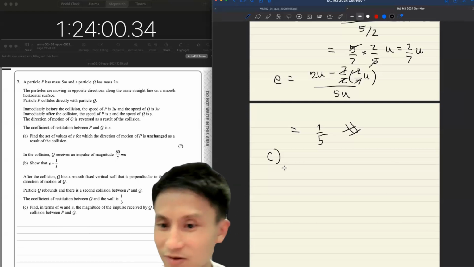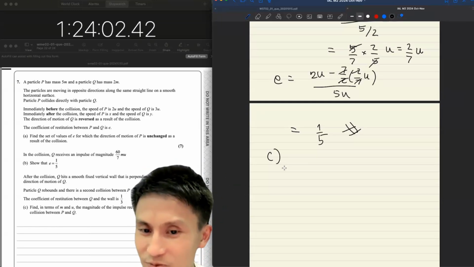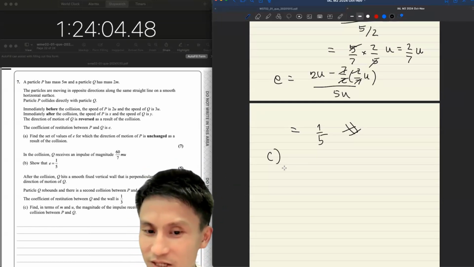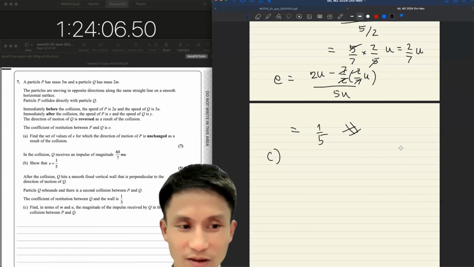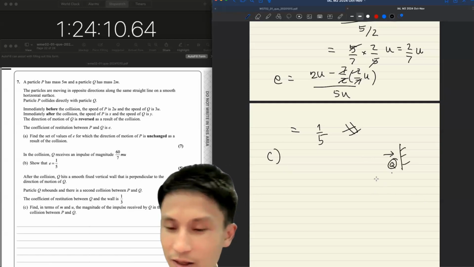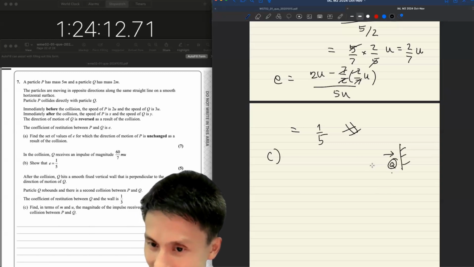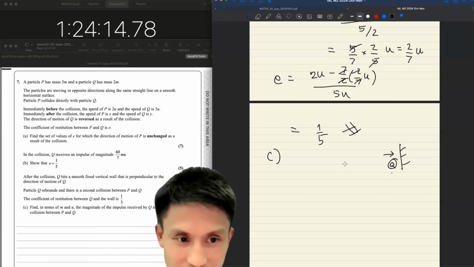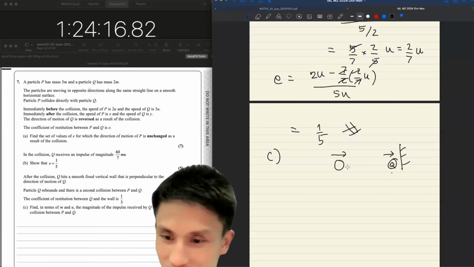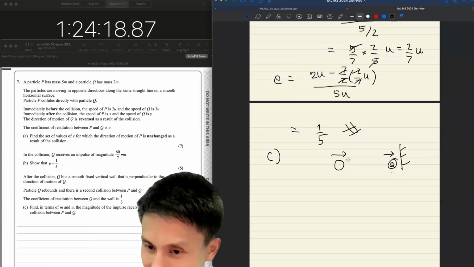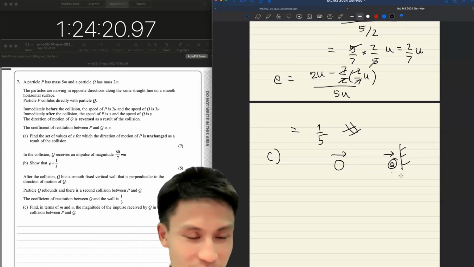After the collision Q hits the smooth fixed vertical wall that is perpendicular to the direction of motion of Q. Okay, so Q is going to hit this guy. Particle Q rebounds. There is a second collision between P and Q. Okay, so P is still moving. Coefficient of restitution between Q and the wall is 1/3.